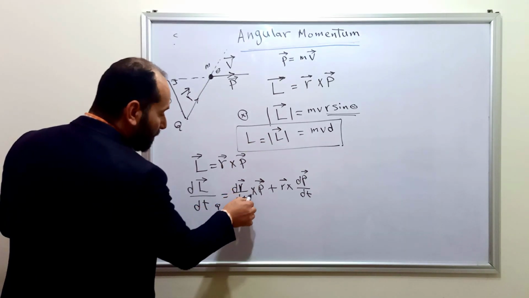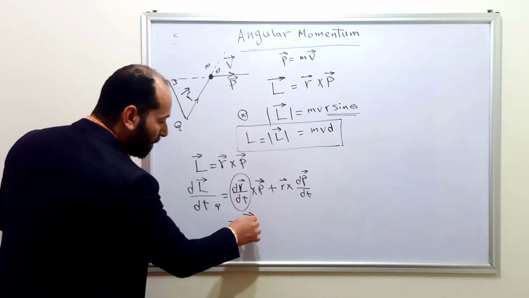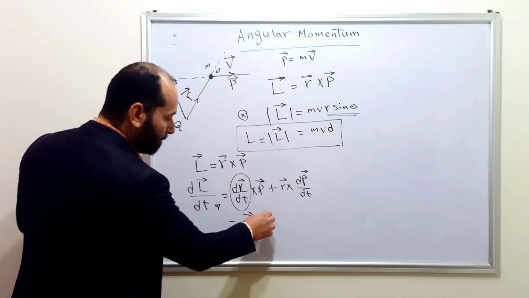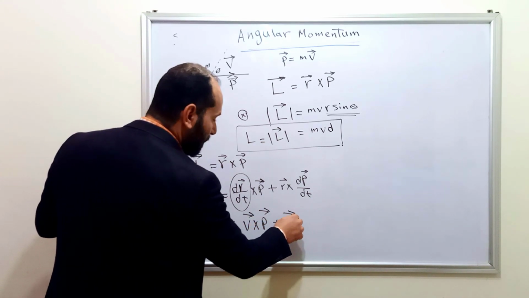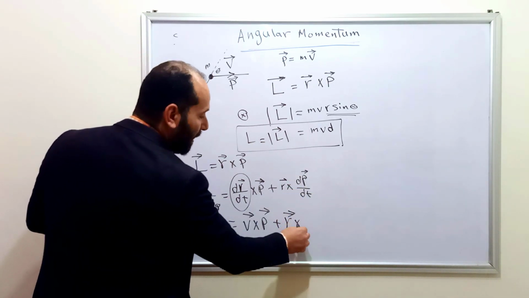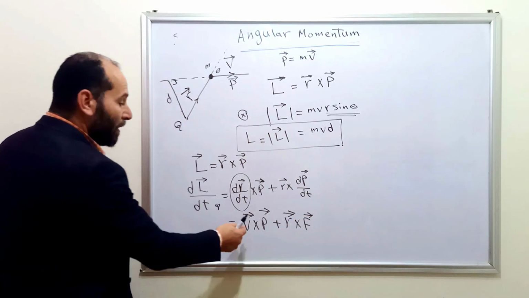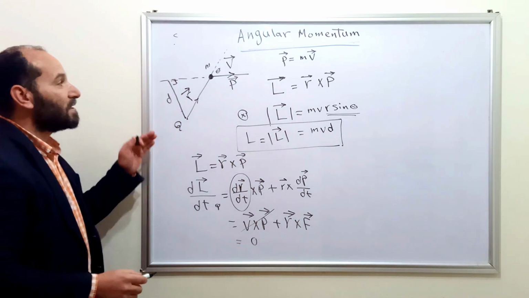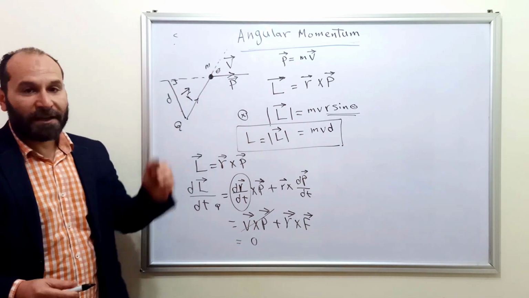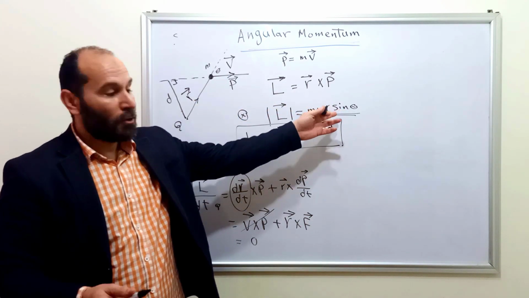dr by dt equals V, so we have V cross P plus R cross dP by dt, which equals F. V cross P equals 0, because V and P are in the same direction, so the angle between them equals 0.